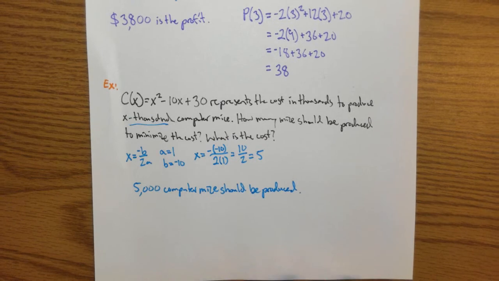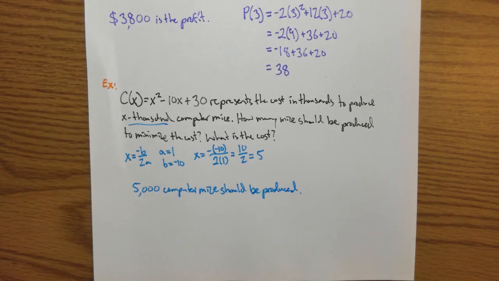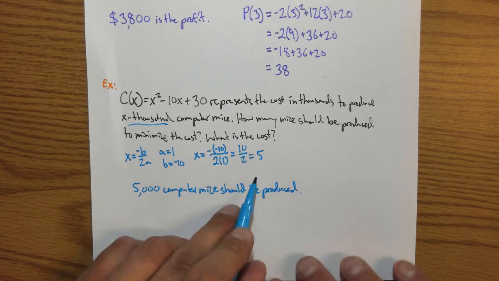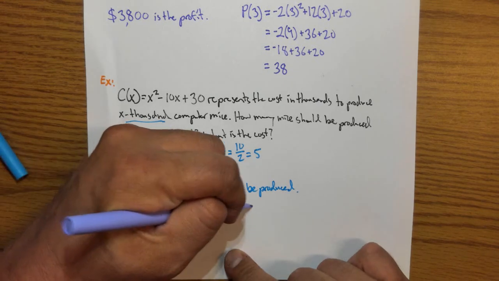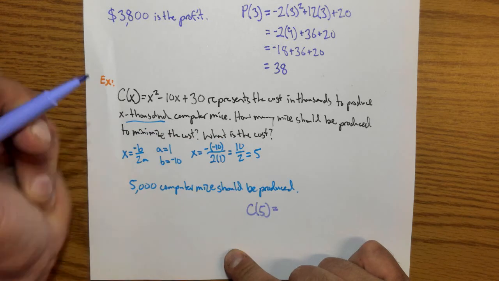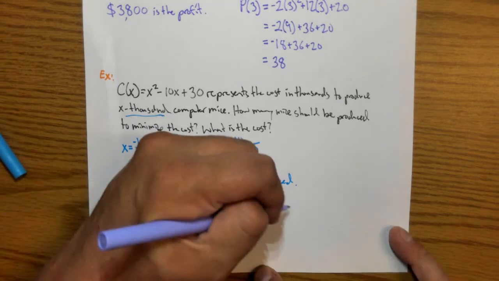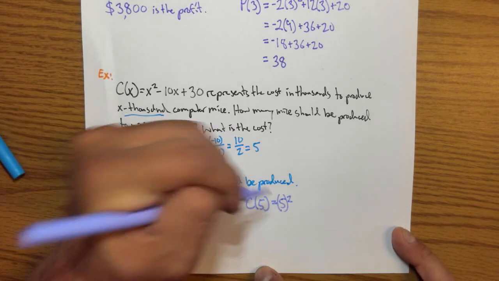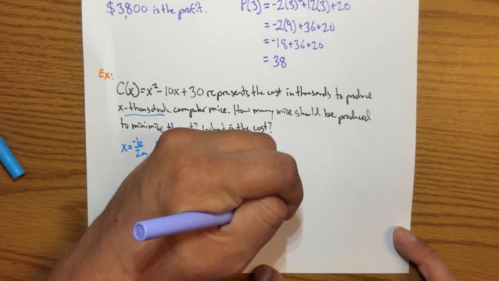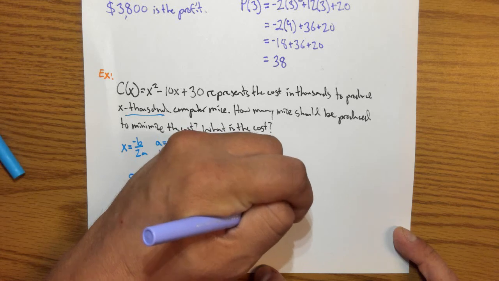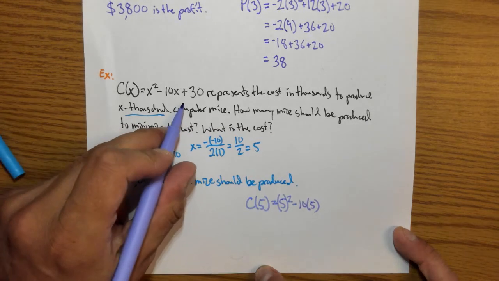And how much will it cost to produce those 5,000 computer mice? Well, now we plug in 5 for x. So C of 5 is equal to 5 squared minus 10 times 5 plus 30.